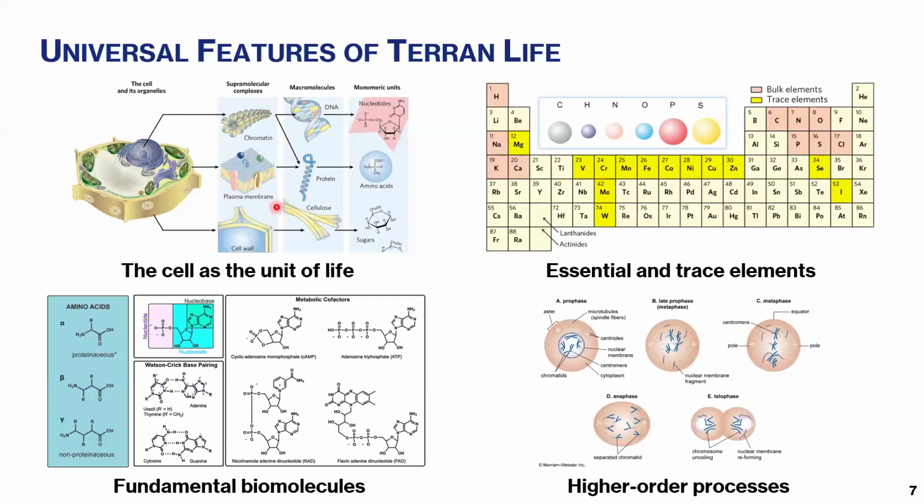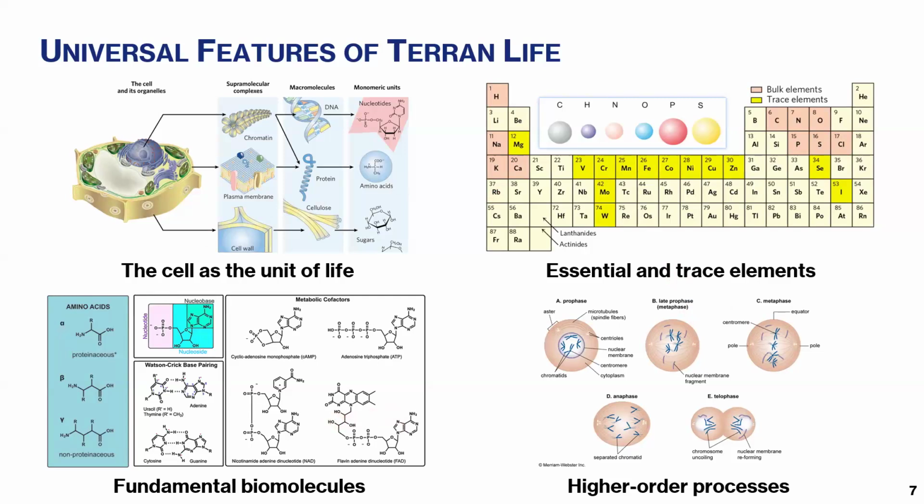The elements carbon, hydrogen, oxygen, nitrogen, phosphorus, and sulfur, known as CHONPS, are essential components of all cellular biomolecules. All known organisms on Earth rely on the same fundamental set of biomolecules to carry out the functions of life, including nucleic acids, proteins, lipids, and polysaccharides.